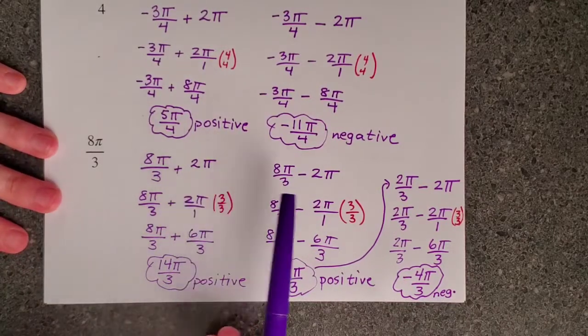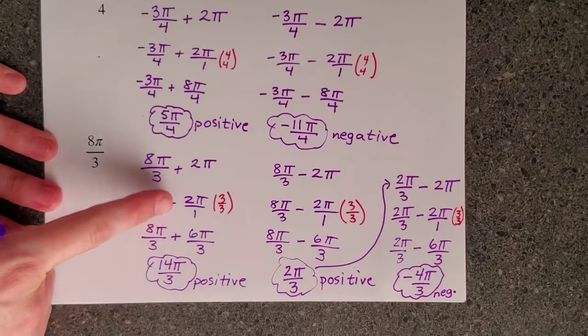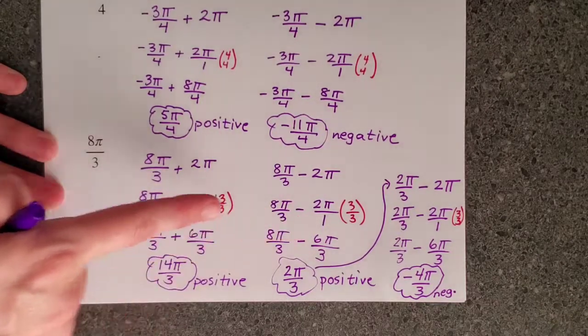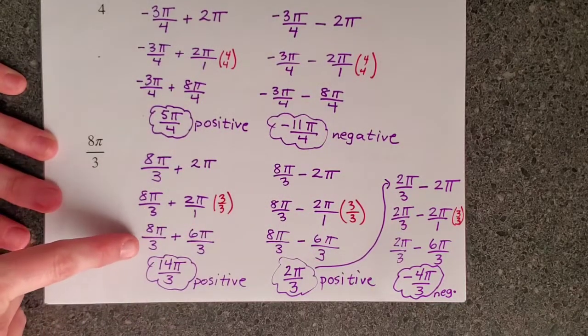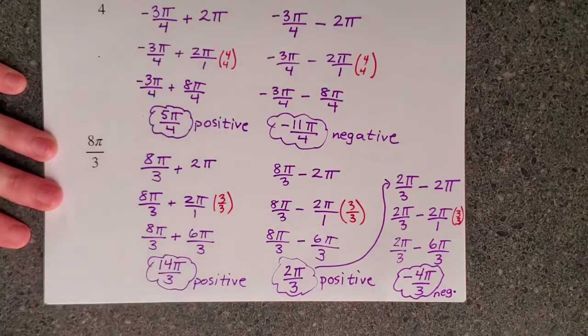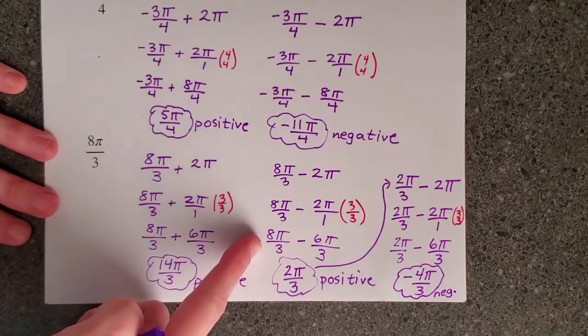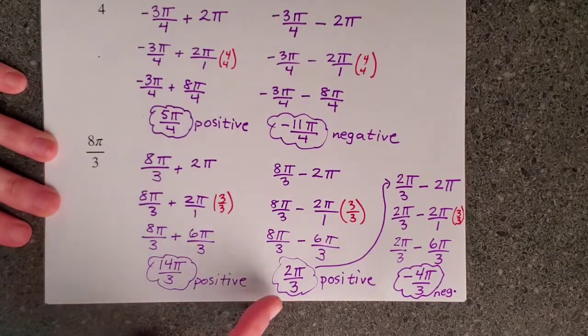So I'm adding and subtracting 2 pi, and then making those fractions 2 pi over 1 so I can get common denominators. And then here I added to get positive 14 pi over 3. That's a positive answer. Terrific. Here I subtracted hoping to get a negative, but I landed on another positive.